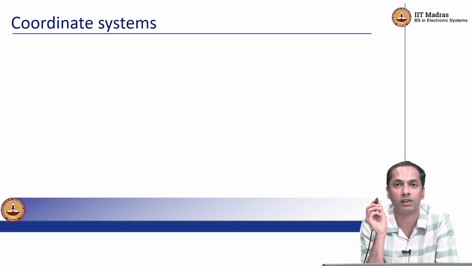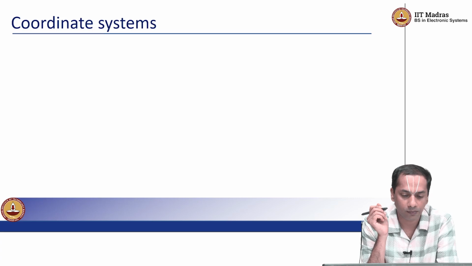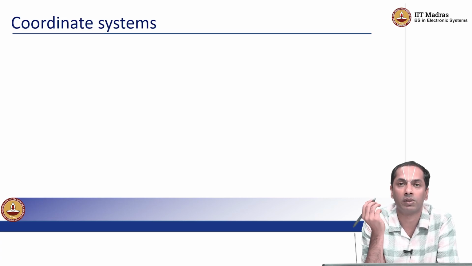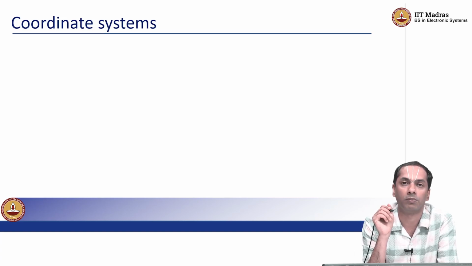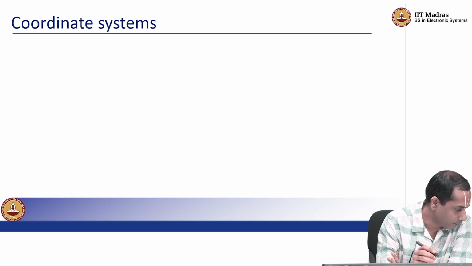So the first thing that we will need to agree upon is the coordinate systems, right. So based on the symmetry of the problem, there may be specific coordinate systems that might lend us to solve the problem more elegantly. So we largely have 3 main coordinate systems.